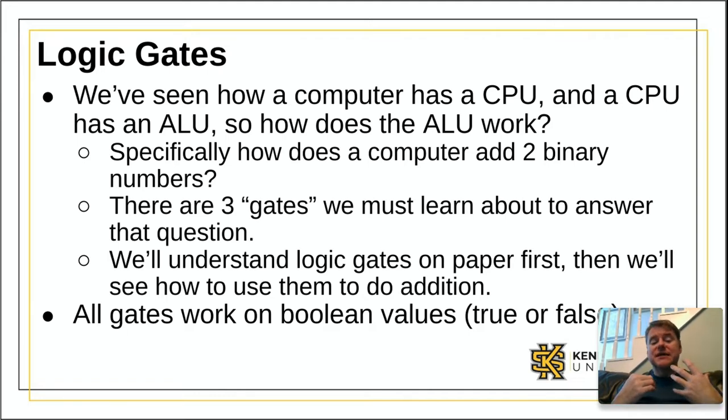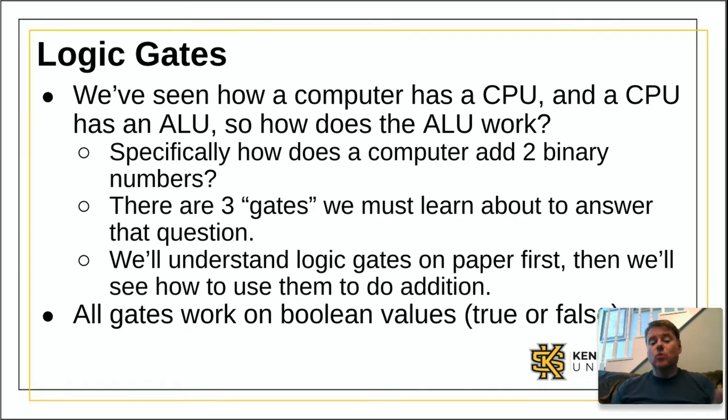Boolean values can only be in one of two states. Either there is power, and it's a 1, or it's true, or there's no power and it's a 0 or it's false. So false, 0, and no power all mean the same thing. True, 1, and yes, there is power all mean the same thing as far as this conversation is concerned.